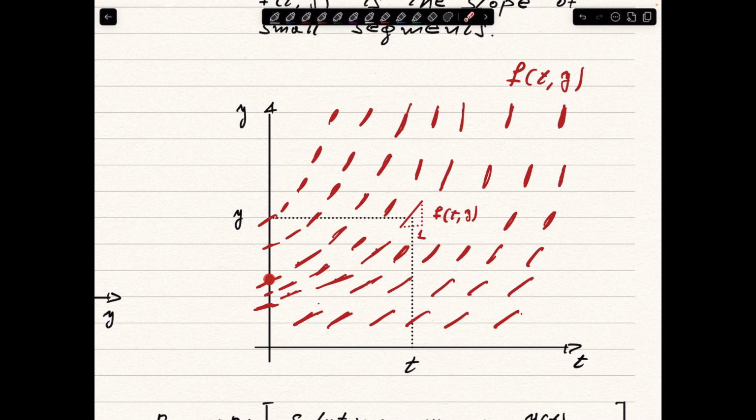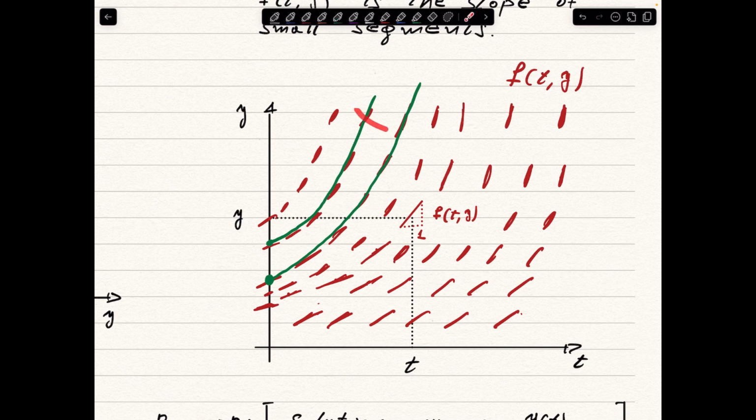So it cannot go like this. It has to go like this, because it has to be tangent. But if the solution passes through this point, it has to be tangent to this slope too. And if it passes through that point, it has to be tangent here, here, here, here. So you see, having the slope field gives you a pretty good idea of how the solution is going to behave. If the initial data is over here, then the solution has to be pretty much like this.